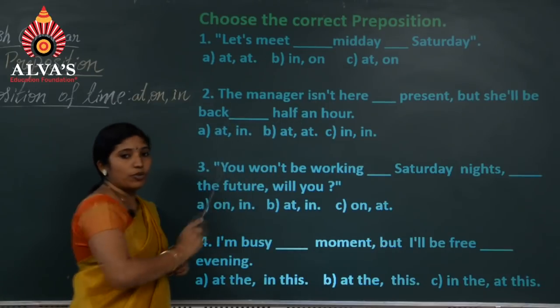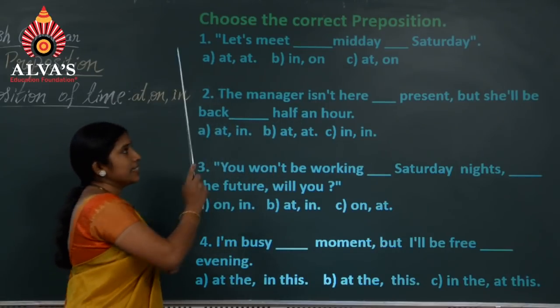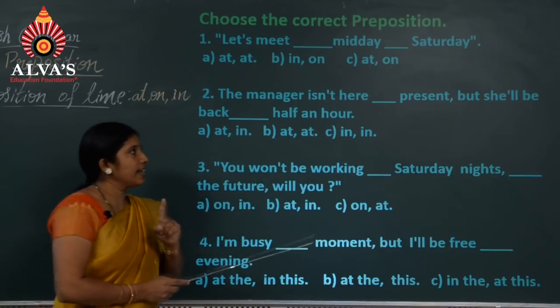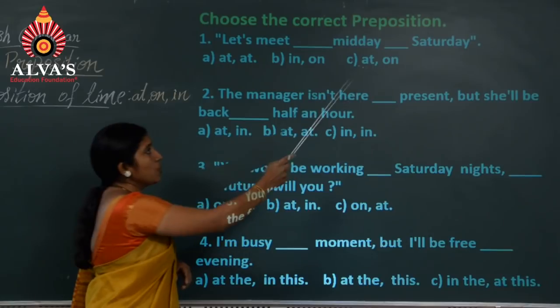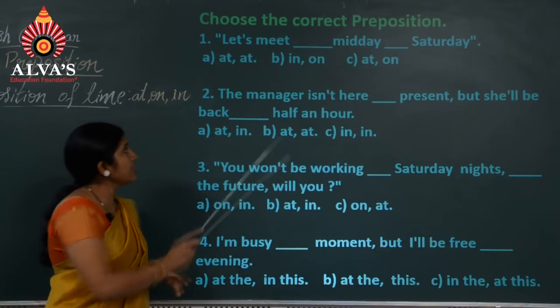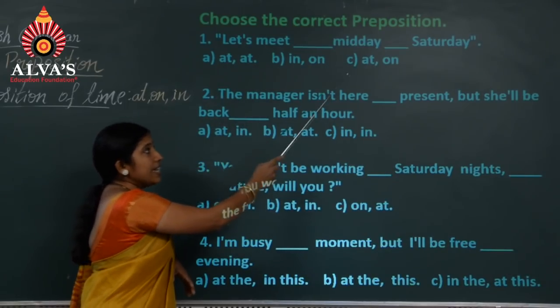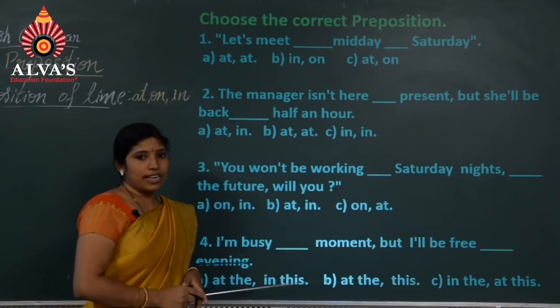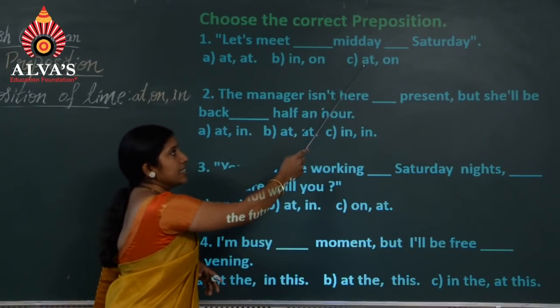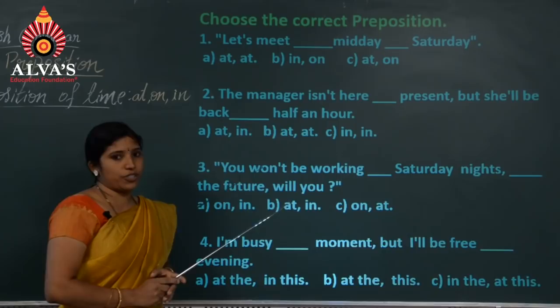That's why you have to use at. And Saturday refers to a day, one day. That's why we have to use on. So, the right answer is: let's meet at midday on Saturday. The option is C, at and on.